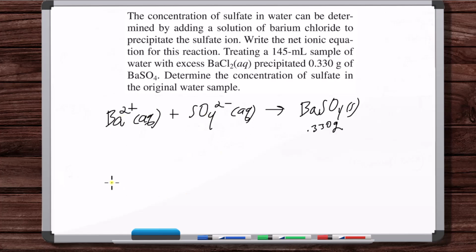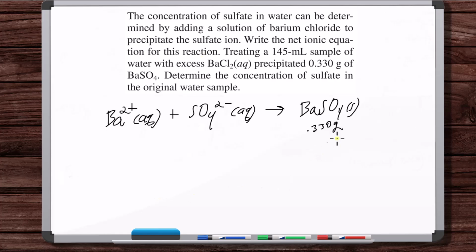And so let's convert this. We just need to do stoichiometry to get the number of moles of sulfate ions that took place in this reaction. Because once we have the moles, we can divide moles by 0.145 liters, and there's your concentration in molarity of sulfate in the water that was tested.